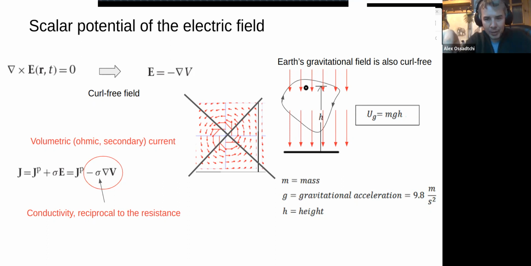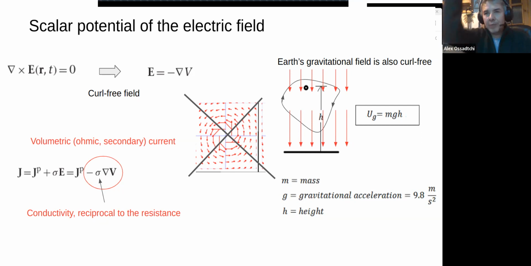Or compare the gravitational field of the Earth and of the Moon. On the Moon, to move a body a certain number of meters away from the surface, you will have to spend less energy than you would around the Earth's surface.